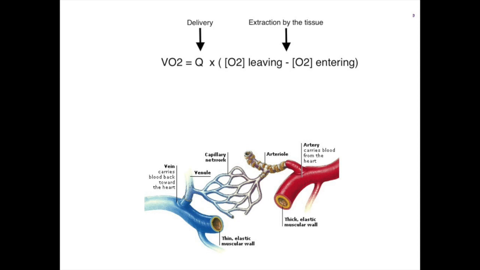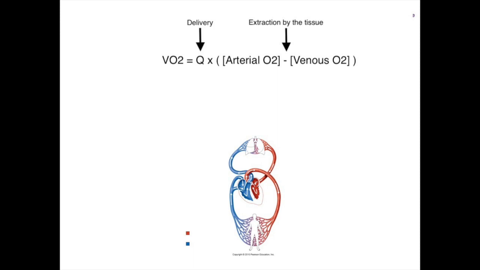We can think about this at the level of a single tissue, but we can also think about it at the level of the whole body and whole body oxygen consumption, where the delivery of oxygen to the body is cardiac output, and the difference in oxygen between the arterial blood and the venous blood is the extraction of O2 by the tissues. This equation really sums it up, and we can rearrange this formula to solve for cardiac output if that's what we want to find.